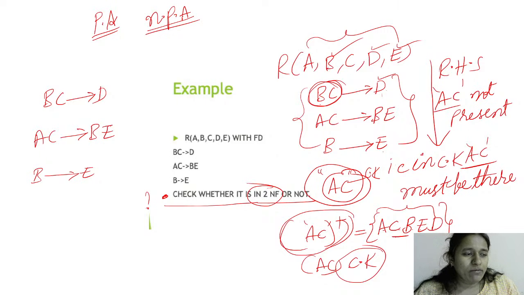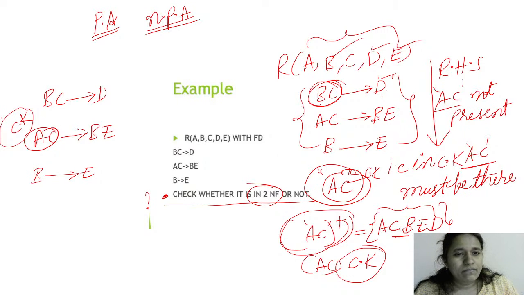I already told what prime attributes and non-prime attributes are in the previous slide. Here we found AC is the candidate key, right? Then what are prime attributes? Please give me a response. Parts of candidate keys are prime attributes, right?